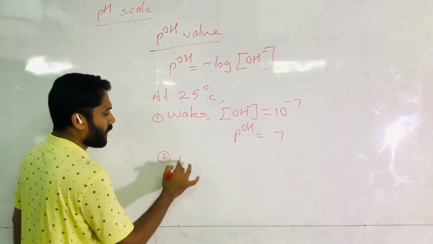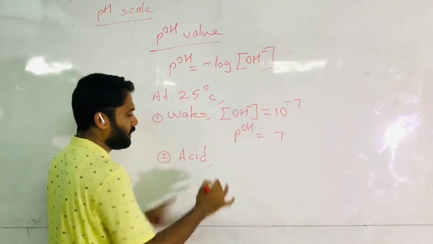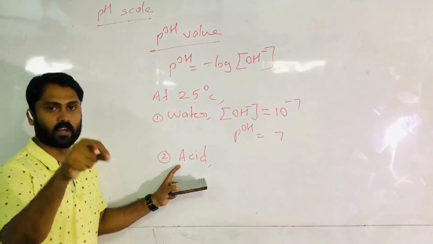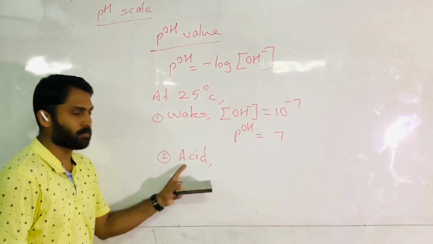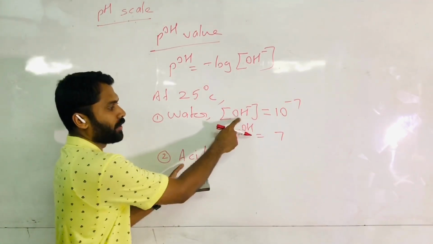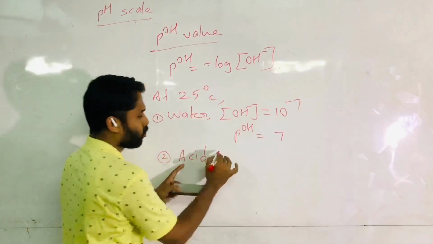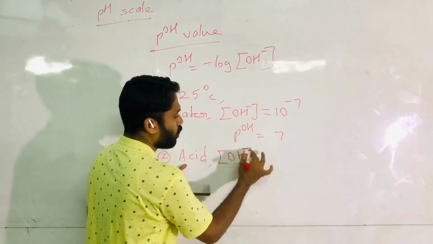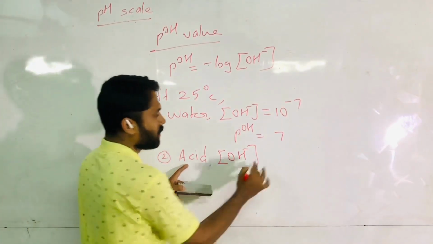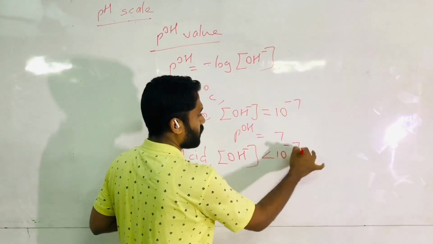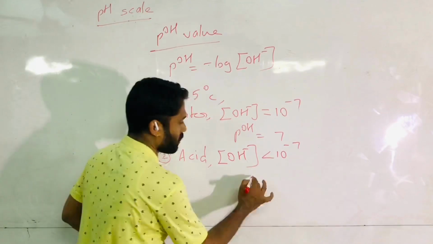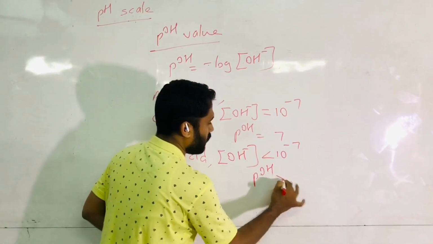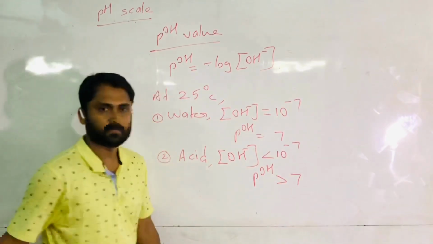If any acid is dissolved in water, the H plus generated from the acid combines with OH minus in water. So, the concentration of OH minus in water decreases. If the concentration of OH minus is less than 10 raised to minus 7, pOH will be greater than 7.